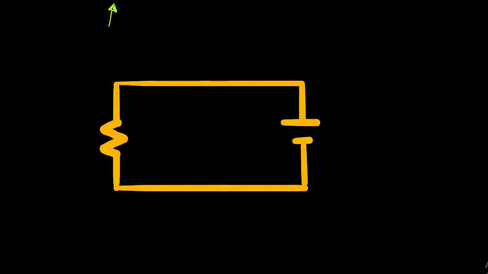So here once again we have a simple diagram representing an electric circuit where we have our source of electron flow called a cell, or in this case it would be a cell because it's only one. If there's more than one, it's called a battery.